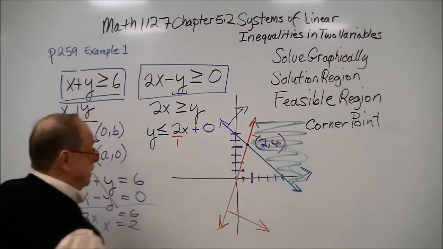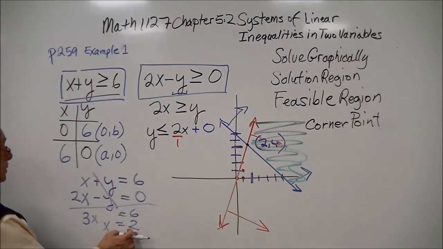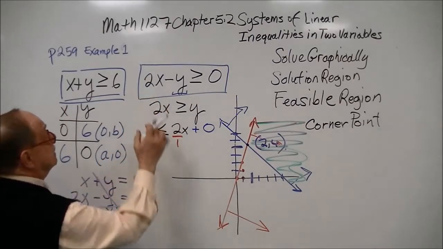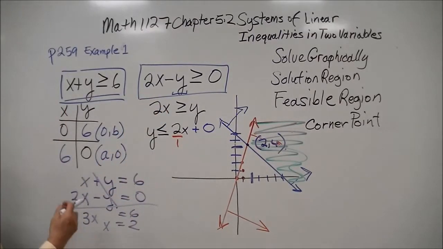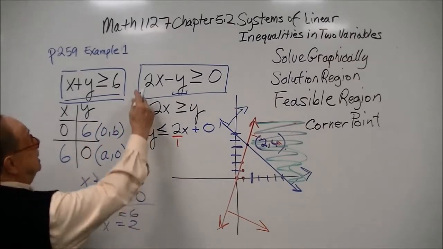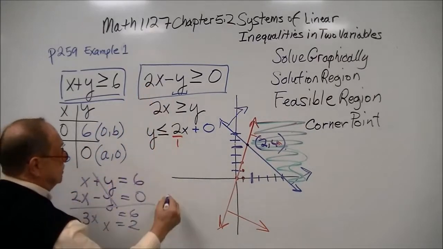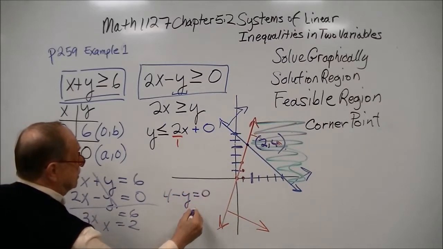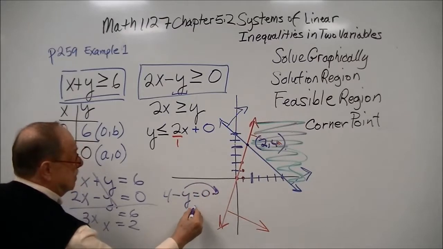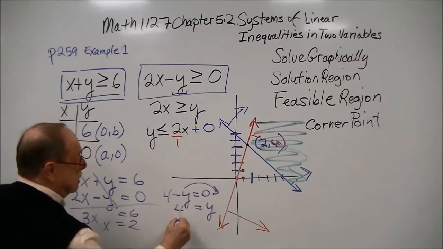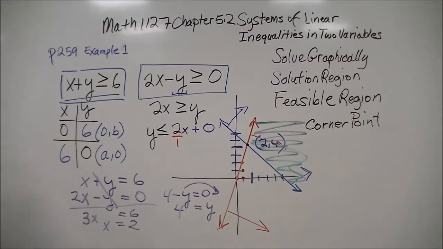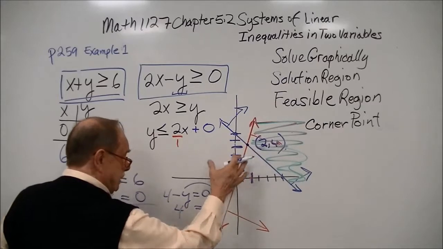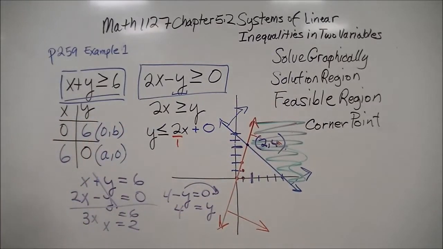And that's what we got there. And then if you put the 2 in, let's say this, you would get the 4, because this would be 2 times 2 is 4 minus y equals 0. Just transpose the y equals 4. Okay, because later when you get fractions in here, this is going to be the method you use to solve it.